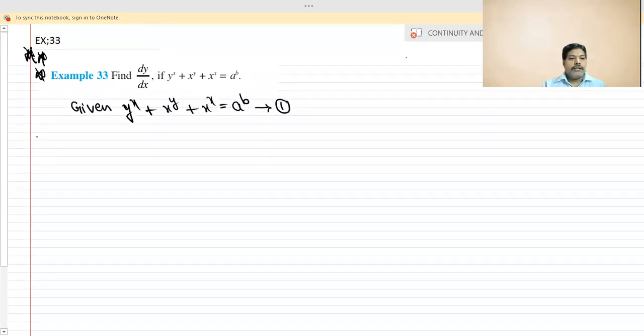Let u of x be equal to y power x. First I am taking the first term as u. Then apply log on both sides.